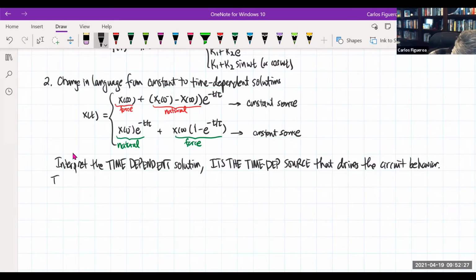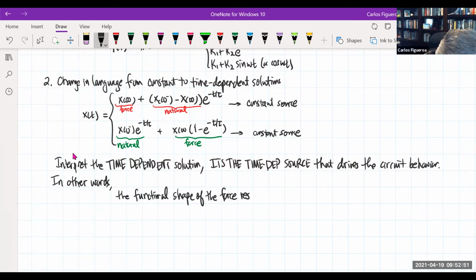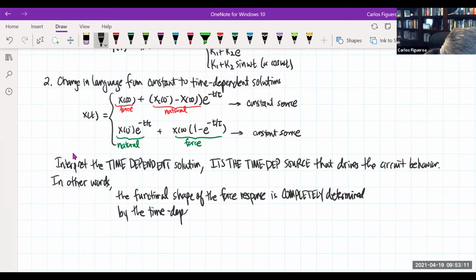So, in other words, the functional shape of the forced response is completely determined by the time-dependent source.